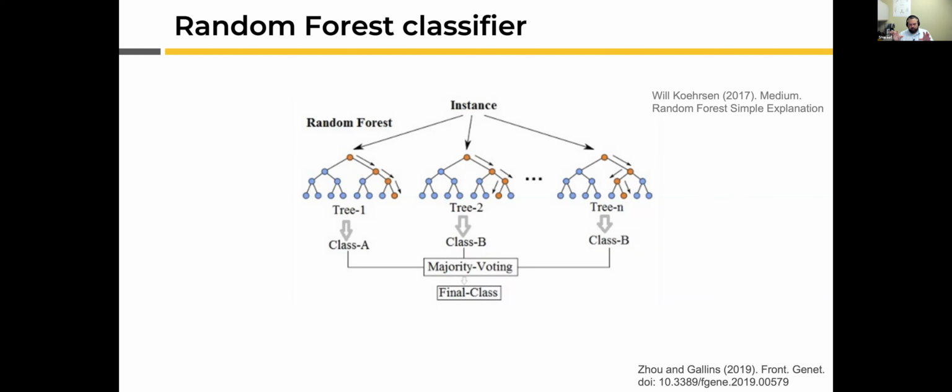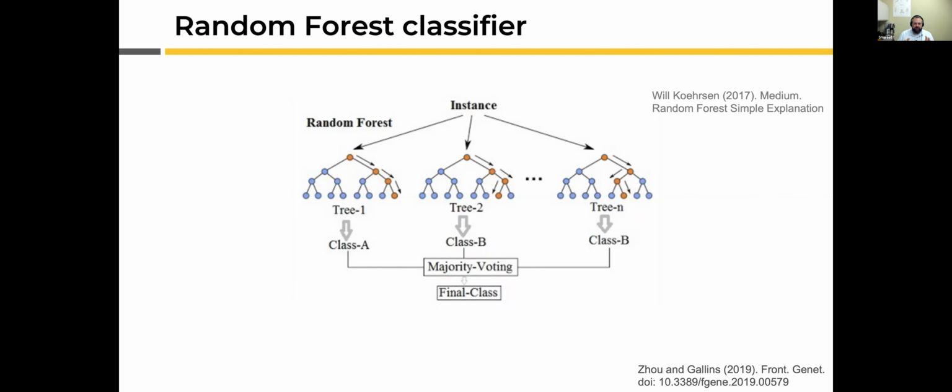And so then once it has created all of those trees, and again, these are weak classifiers because they only have access to a limited amount of data, it combines the trees with some method. So one of the examples here is majority voting.